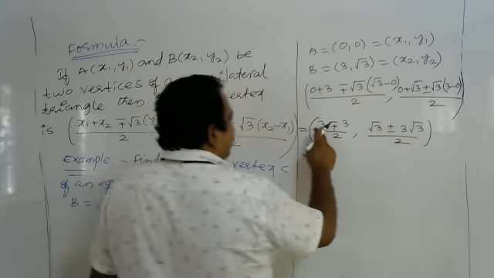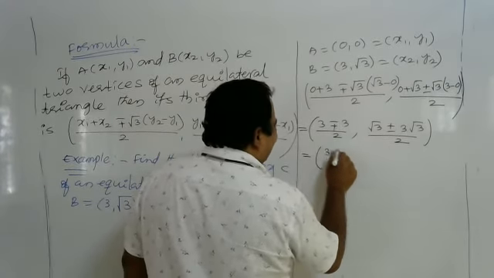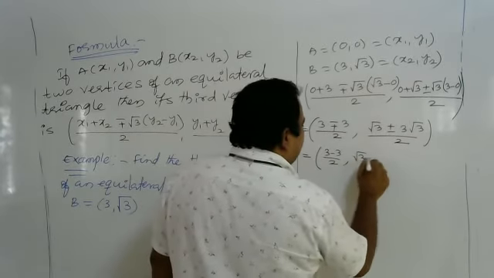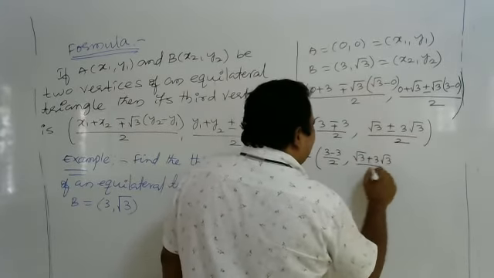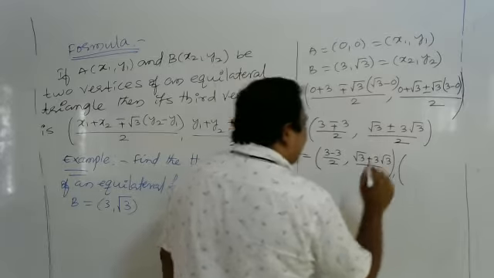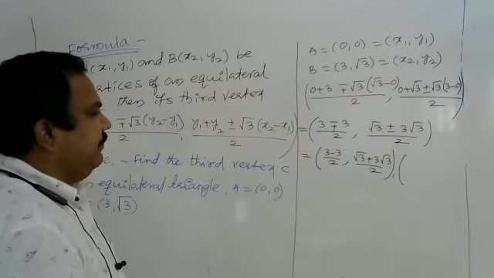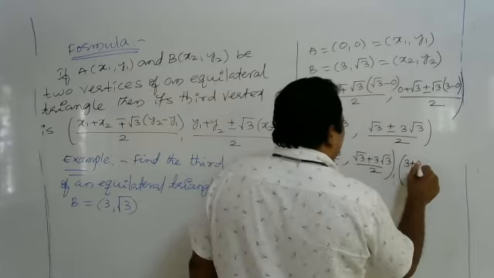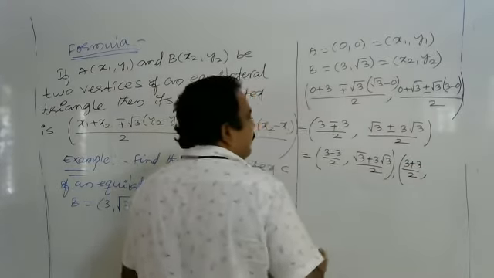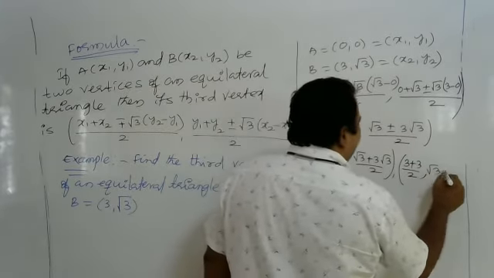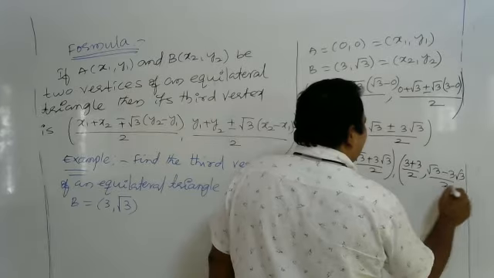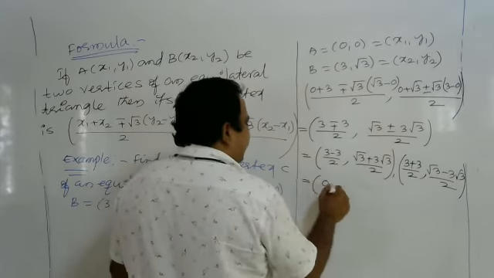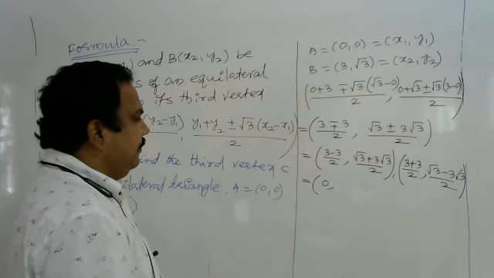So now (3 minus 3)/2 and (√3 plus 3√3)/2. This is one point. Another point is (3 plus 3)/2, then (√3 minus 3√3)/2. So 3 minus 3 is 0, 0 by 2 is 0.